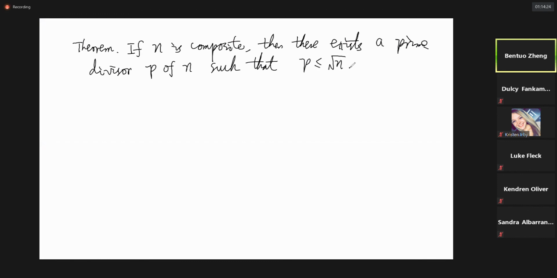So you have a better control of this prime divisor. It's less than or equal to the square root.